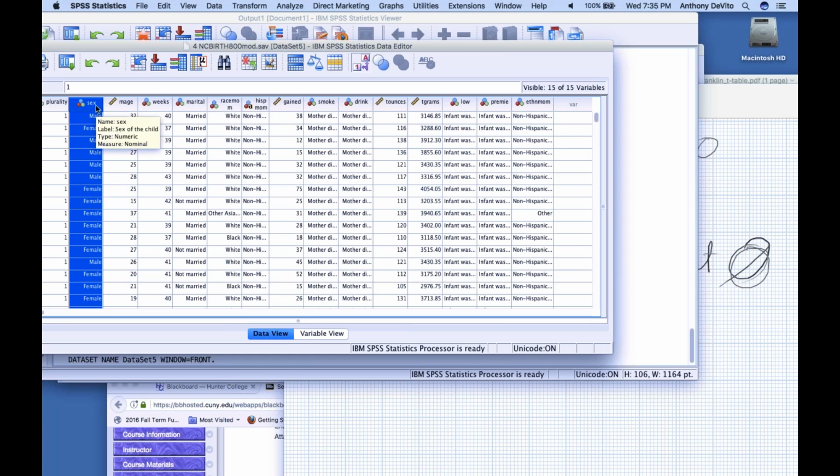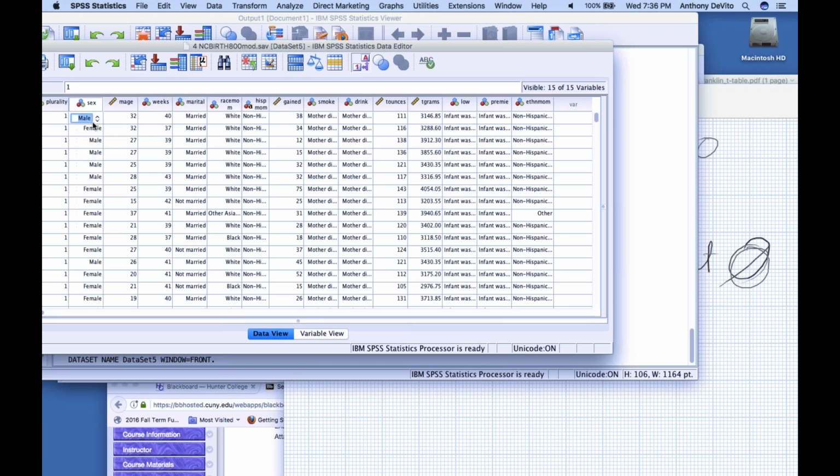The average weight for male babies is equal to the average weight for female babies. And my alternative hypothesis would be that the average weight for female babies is not equal to the average weight for male babies. Now, these are all randomly selected people, women, births, right? So we have two independent groups, male babies and female babies, all randomly selected.